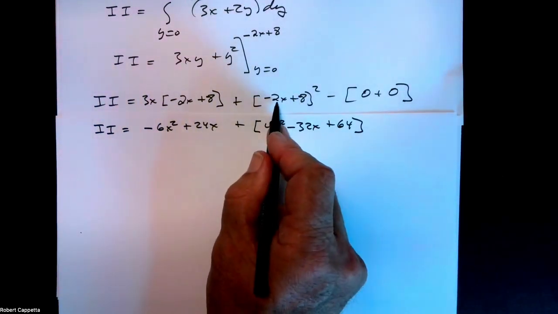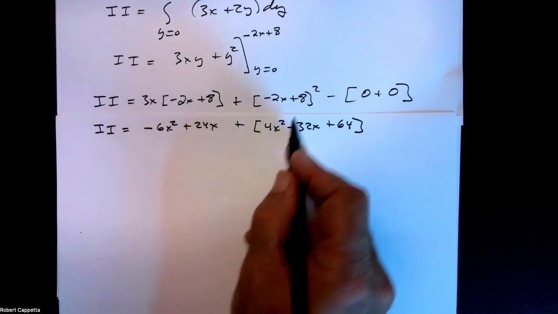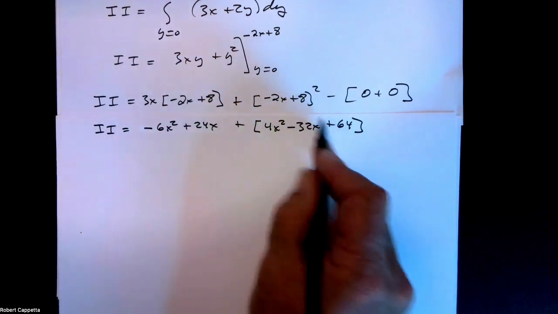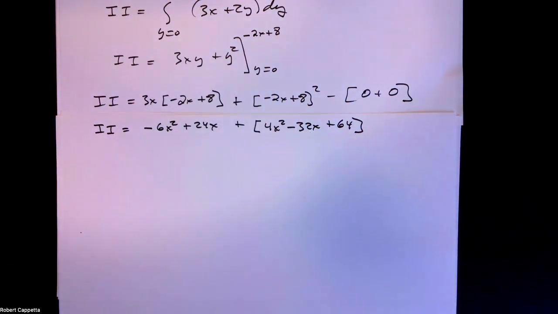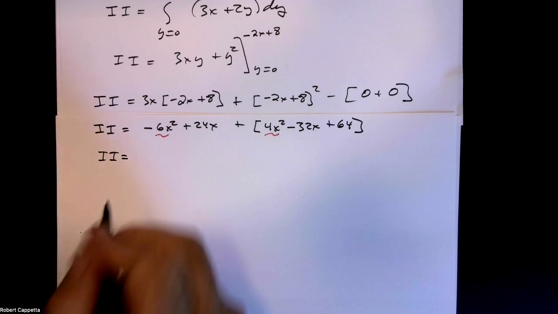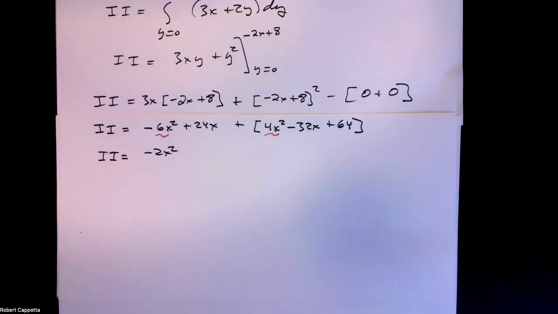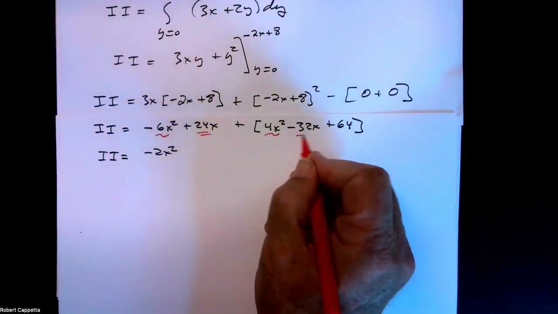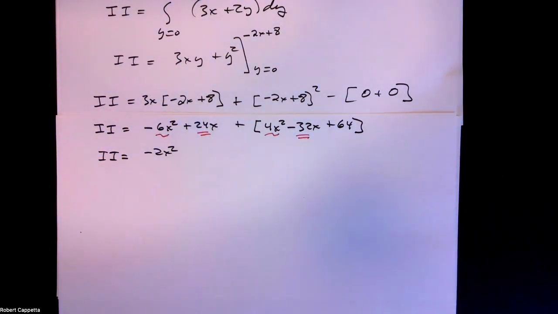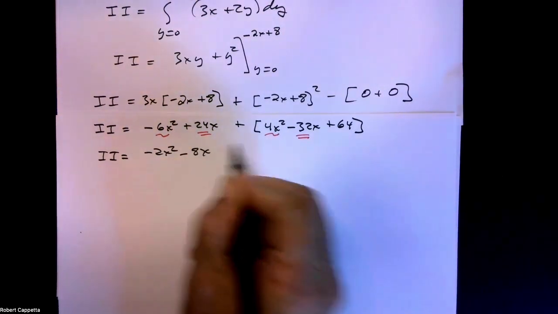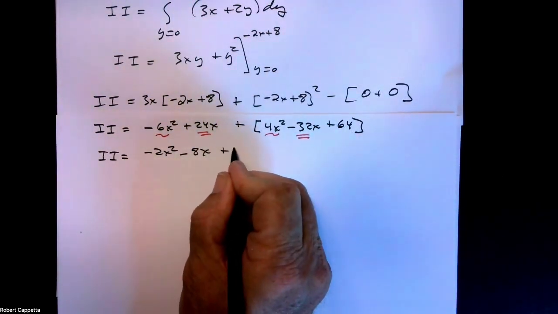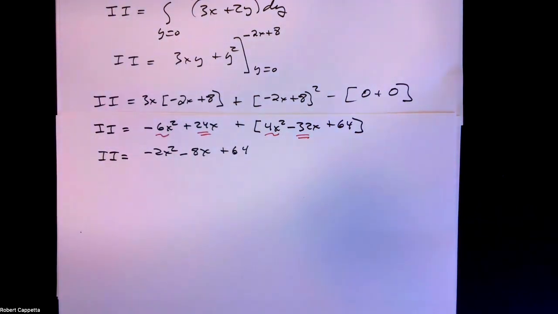Squaring this thing, negative 2x times negative 2x, 4x squared. 8 times 8, 64. 8 times negative 2x, negative 16x times 2, negative 32x. Negative 6x squared plus 4x squared is negative 2x squared. Positive 24x here minus 32x would give us minus 8x. And then plus 64 for our inner integral.